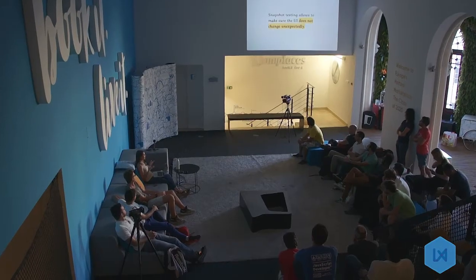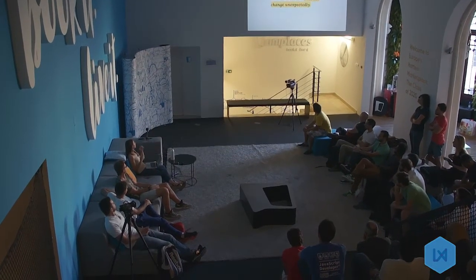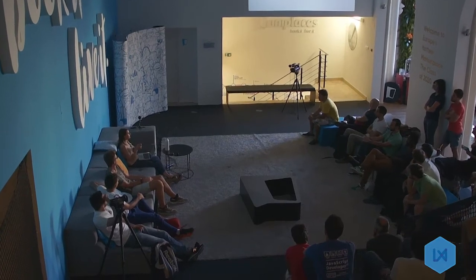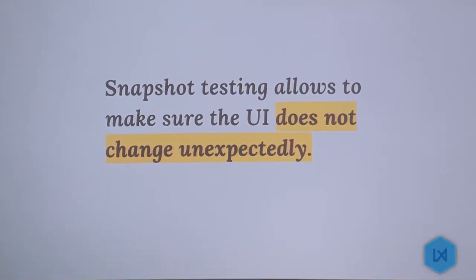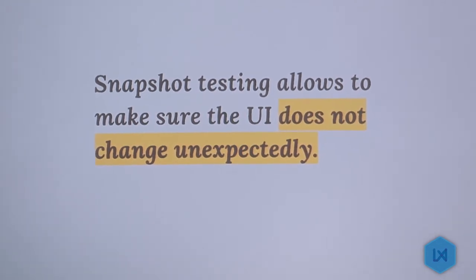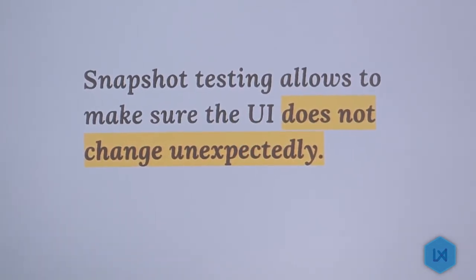So snapshot testing, this is one of the main takeaways I want you to keep, allows us to make sure that the UI doesn't change unexpectedly. This solves a huge problem of UI developers, when they change something here, and it breaks something elsewhere.